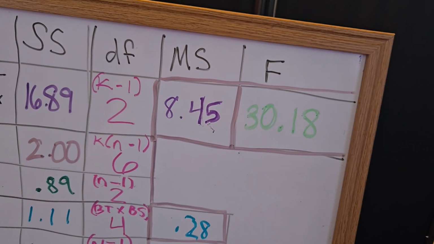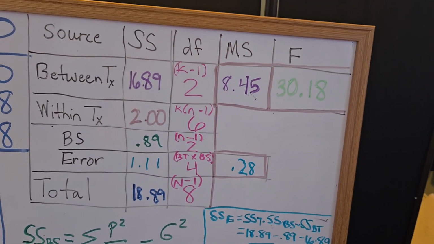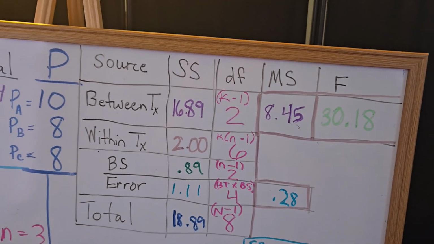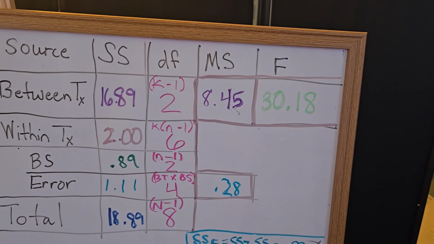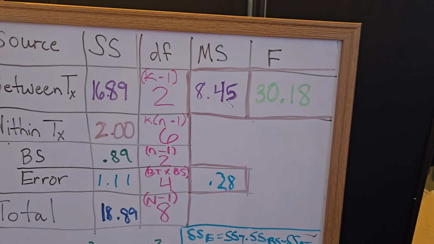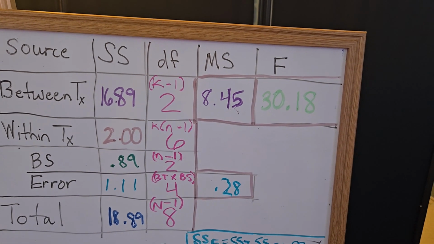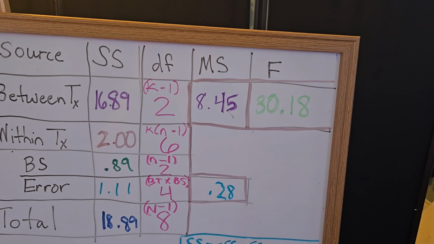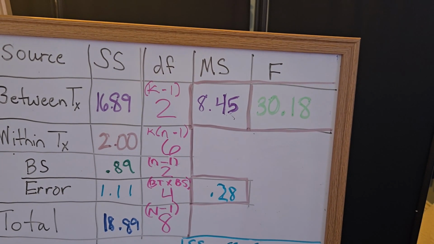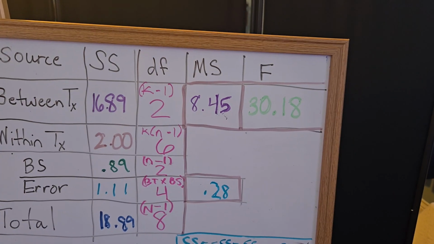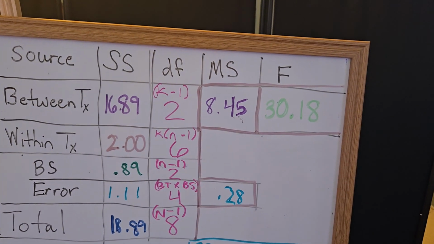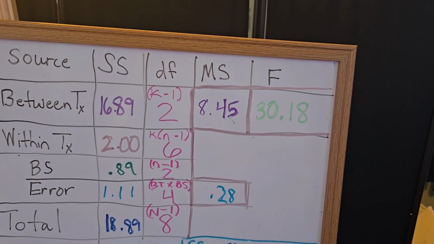In my class, by default, we use alpha set to 0.05. I don't know what your situation might be. And so how do we know if this F ratio is large enough to be considered statistically significant, or that it has a p-value less than 0.05? We need to look in an F distribution table.